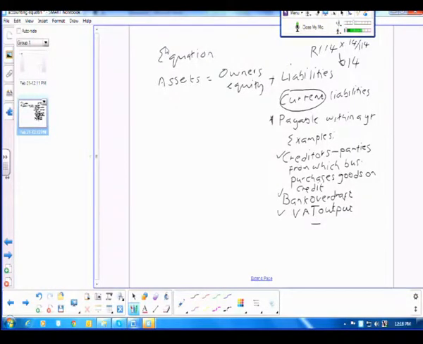You can pay it monthly, you can pay it bi-monthly, but all of that falls within a period of one year. That's why we say it's a current liability. So I'm sure you are very clear about what a current liability is and what a non-current liability is.